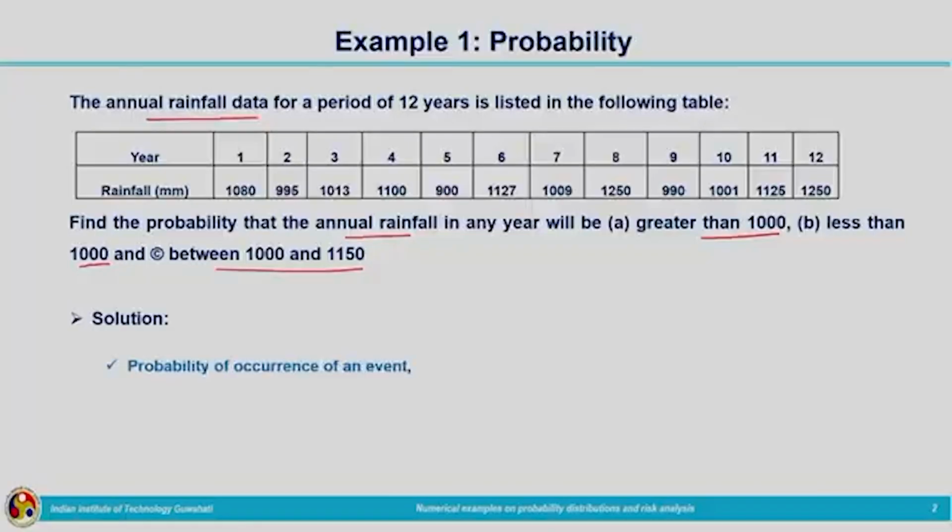So, we will make use of the probability expression: number of events divided by total number of data in the sample. The probability of occurrence of an event is P equal to m by n. m is the number of events satisfying the condition and n is the total number of sample data. Here in this case it is 12.